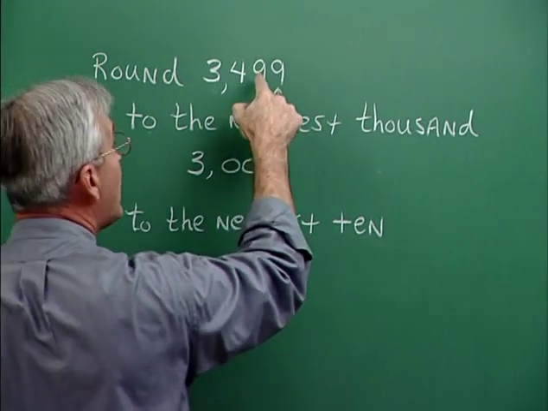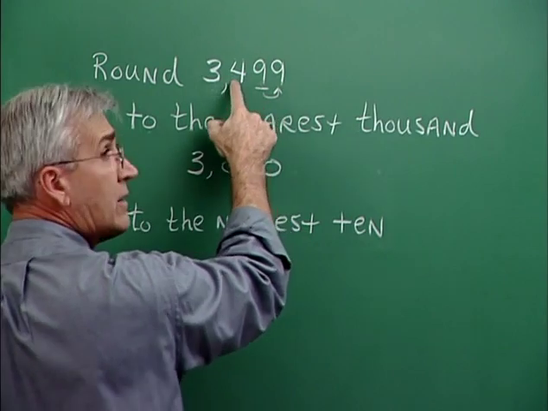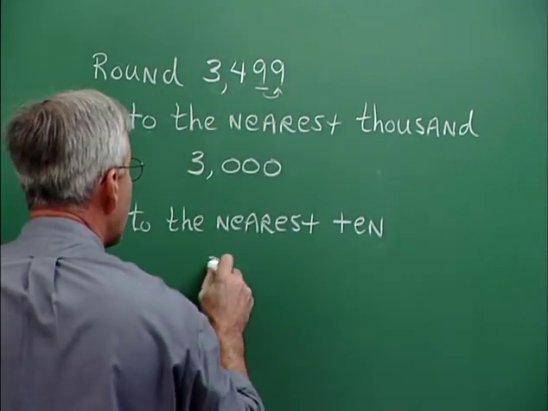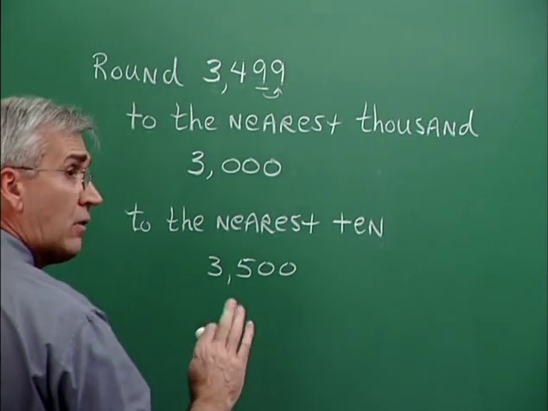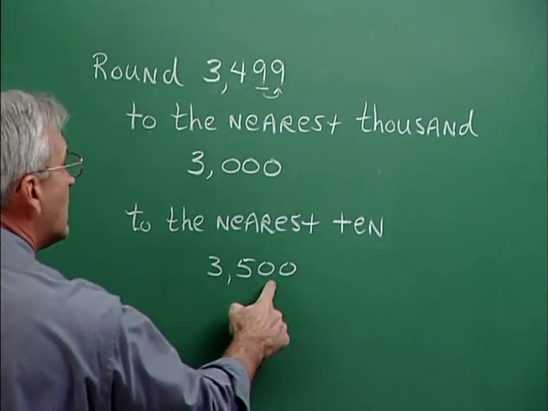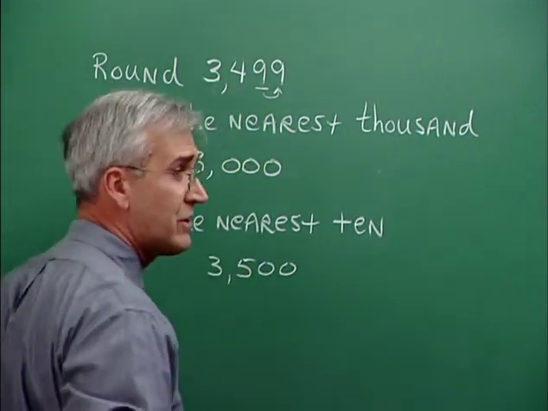Uh-oh. But when we increase the 9 to a 10, we have to carry the 1 in the 10 over to this next digit. So this is really 3,500, even though we're rounding to the nearest 10. So 3,500 is 3,499 to the nearest 10.